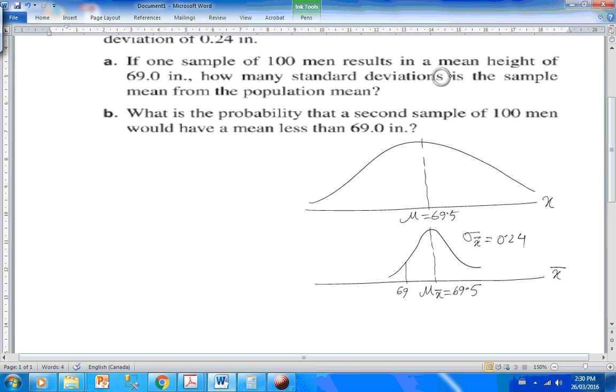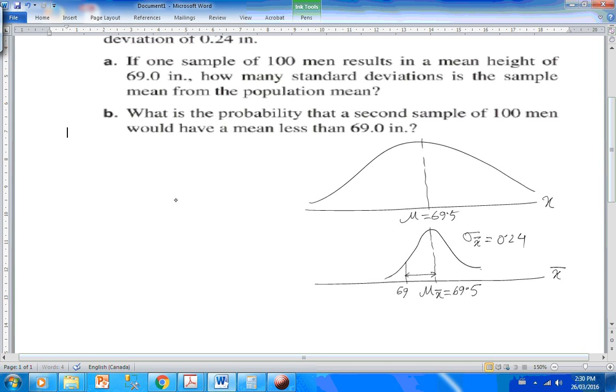How many standard deviations is the sample mean from the population mean? So they're asking how many standard deviations this 69 is from the population mean 69.5 under my x bar distribution. So we have to figure out this distance in terms of standard deviations.